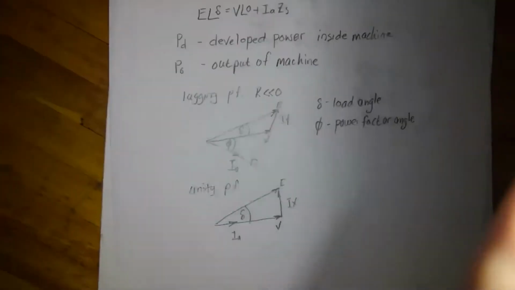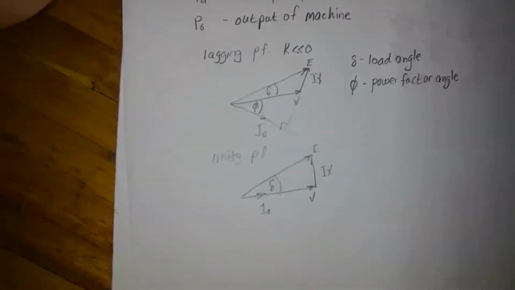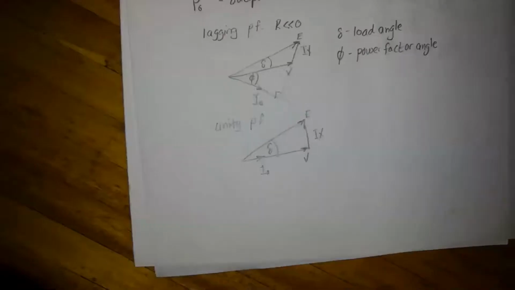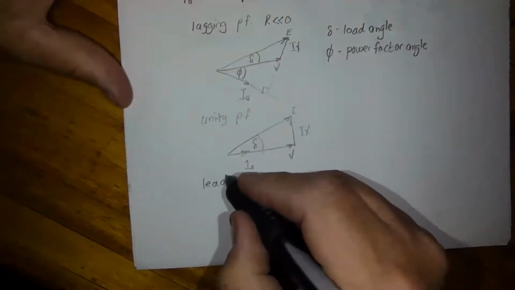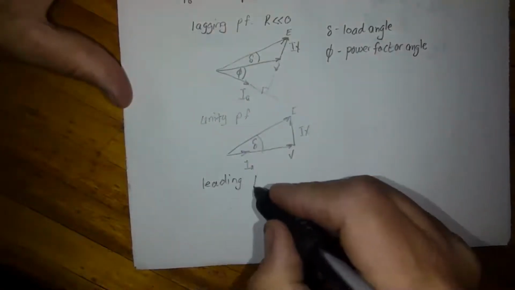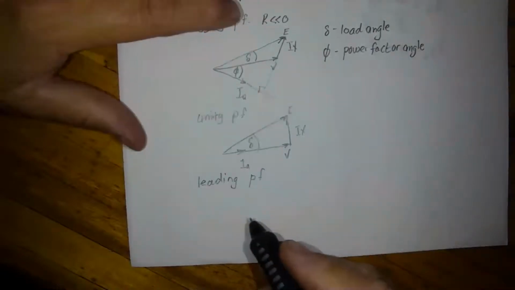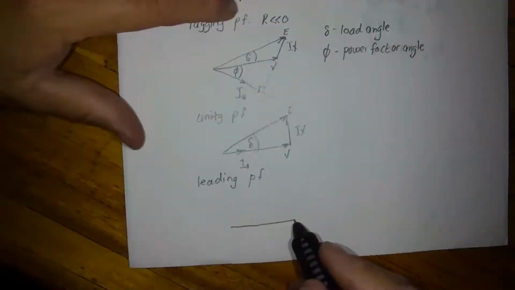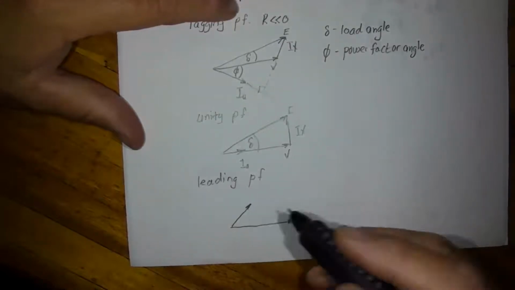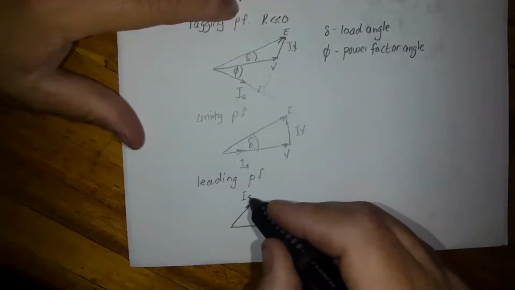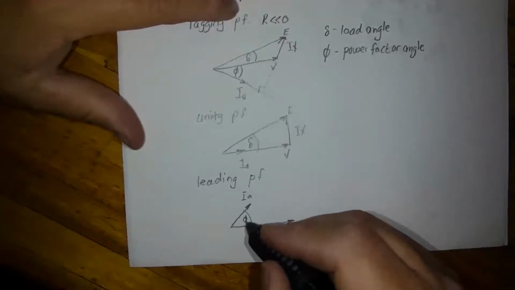Then we get a leading power factor. That means we have the induced voltage, and there's a current leading by an angle phi.